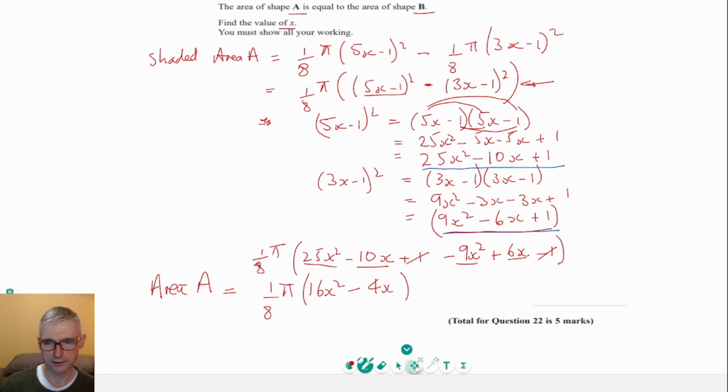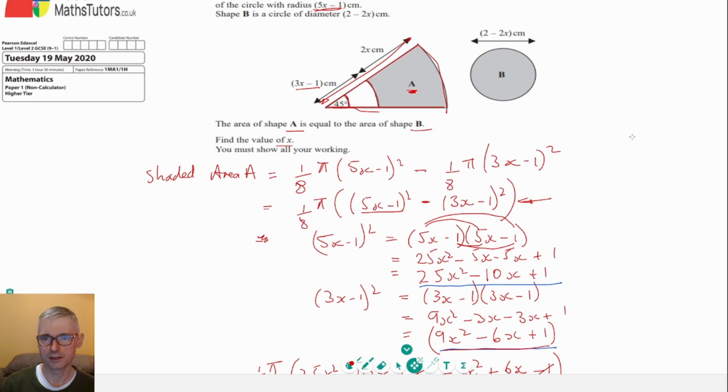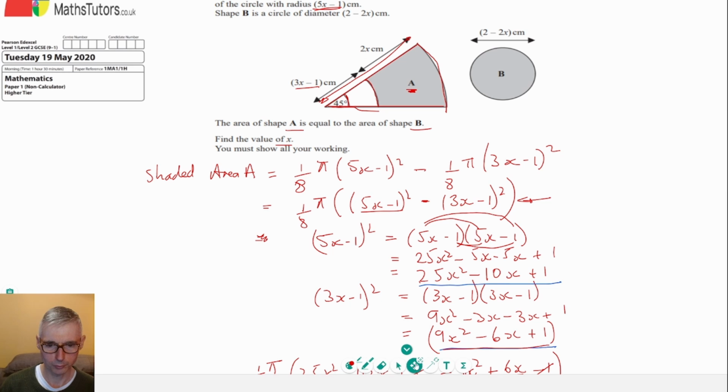We also then need to look at the circle, because what we're told is that it's equal to the area of the circle. Well, we're given the diameter of the circle there. So really what that tells us is that the radius is equal to half of that, because the diameter is twice the radius. So if I just divide that by 2, I'm going to get 1 minus x.